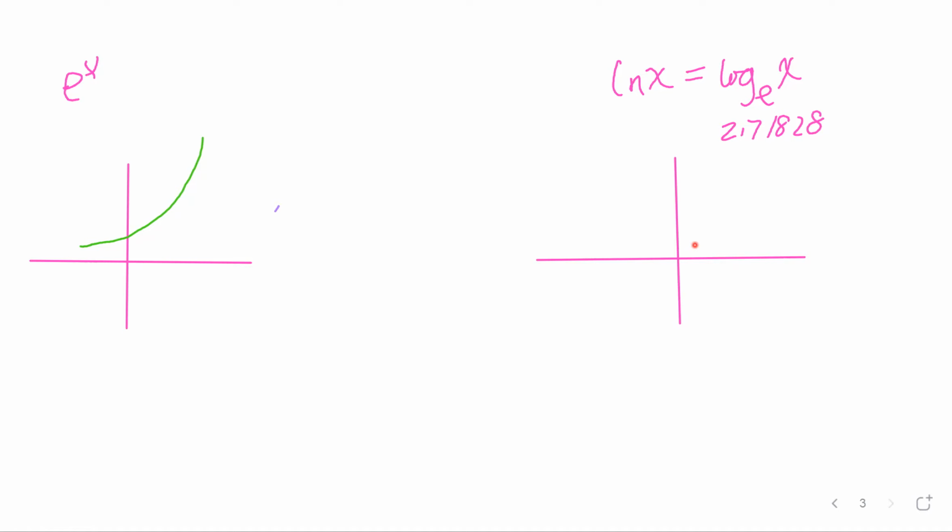Your e to the power x and the ln x are symmetric over y equals x. So that graph should look like this, okay? That's our e to the power x and the ln x. So by now, all the students should be very good at drawing those functions.